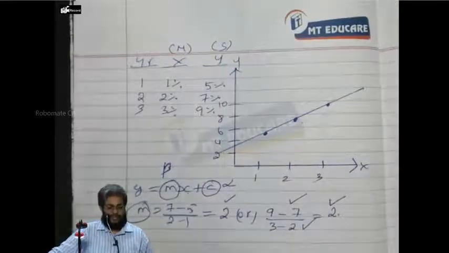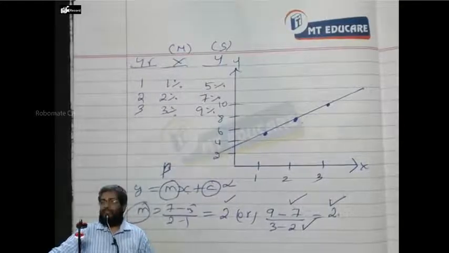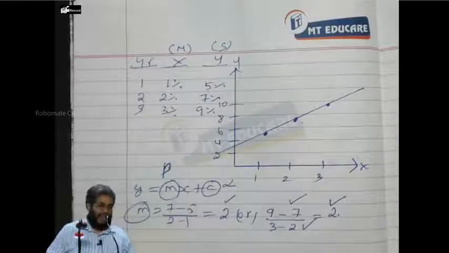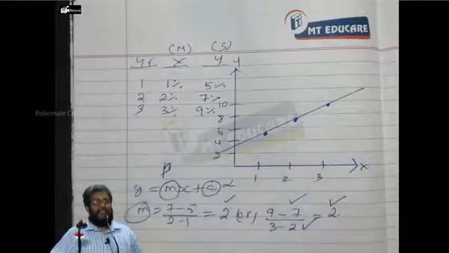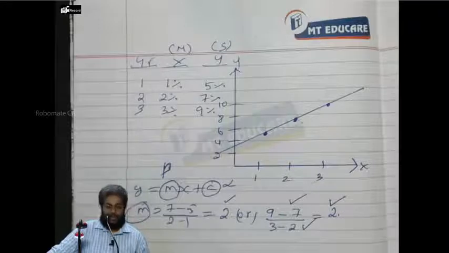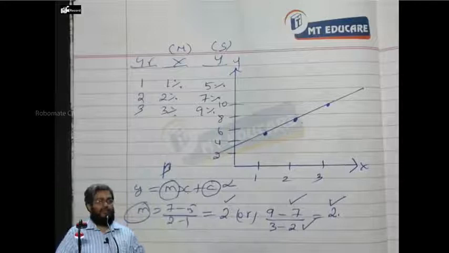This means any 2 points in the line will have what? Same slope.